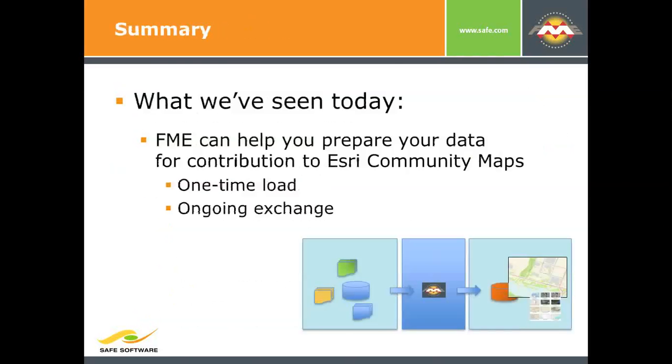Which brings me to just a quick summary of what we've shown you today. I hope you've learned some things. You've seen how you can use this kind of approach to streamline the preparation for bringing stuff into the Community Maps program, so you can leverage all of the infrastructure that Esri is making available to folks for free.